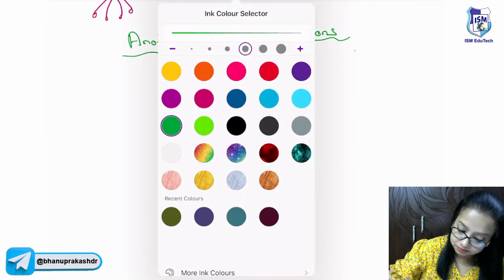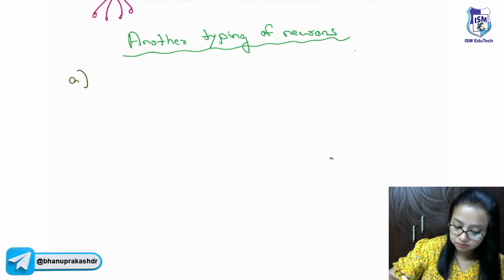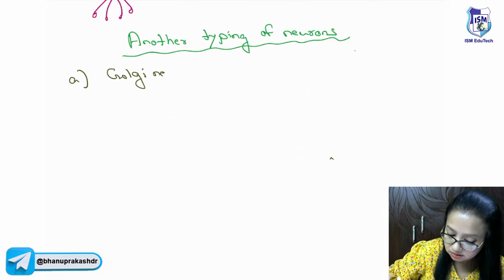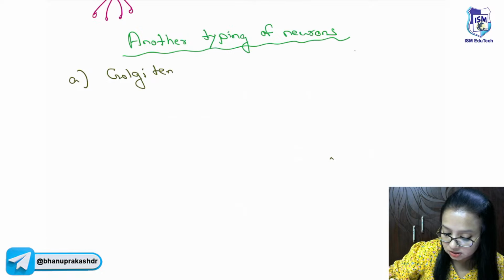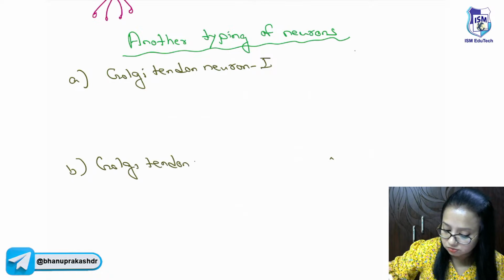They are Golgi tendon neurons. Let's mention the tendon, because in some books it's mentioned, in some books it's not. Golgi tendon neuron 1, and you also find its mention as Golgi neuron 2.